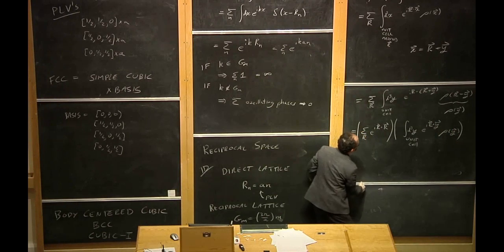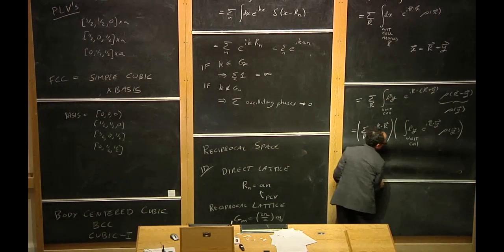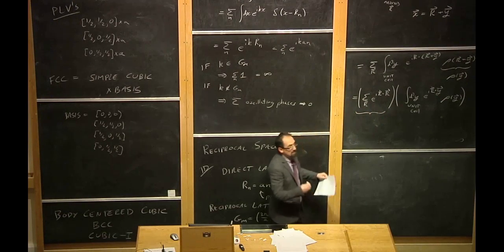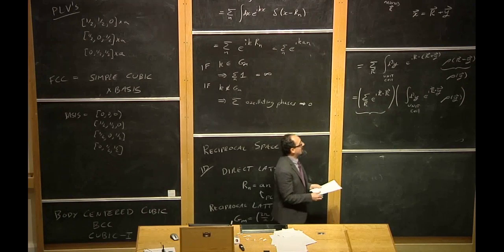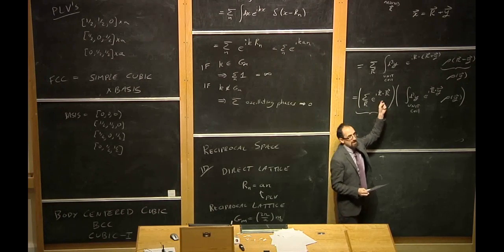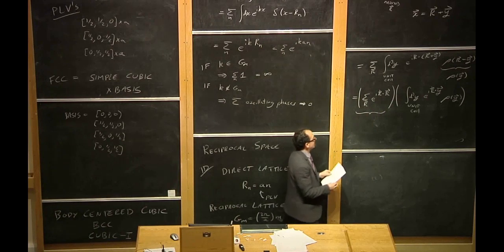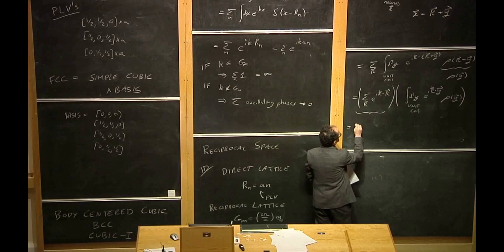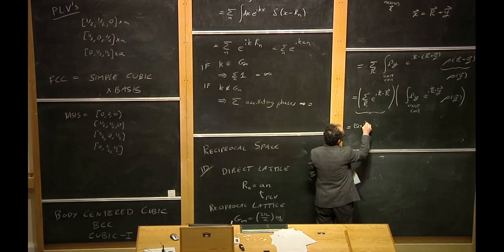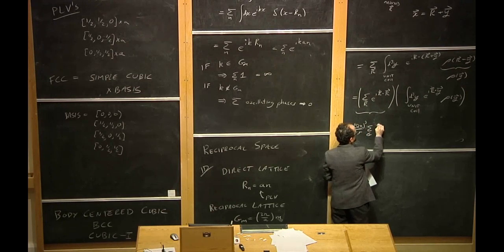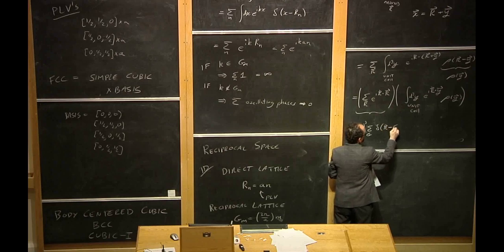Now, this first term should look familiar since we just calculated it a moment ago. This is the sum over all lattice vectors of e to the i k dot r. If k is a reciprocal lattice vector, this is infinite. If k is not a reciprocal lattice vector, this is 0. So just as we had before, this is (2 pi) cubed over the volume of the unit cell, times the sum over all reciprocal lattice vectors g of delta of k minus g.